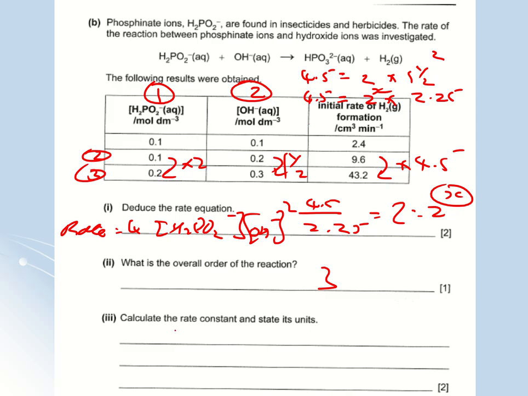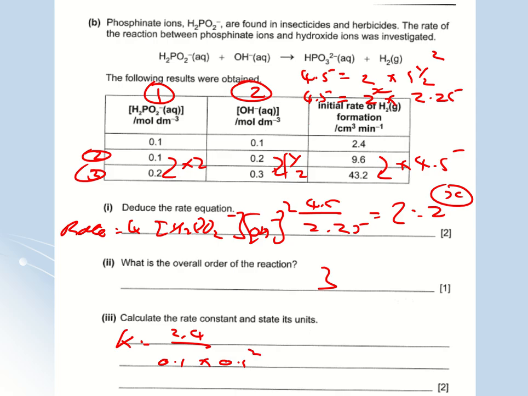Calculate the rate constant. Well, I'll just take the first experiment there: K equals 2.4 divided by 0.1 multiplied by 0.1 squared.